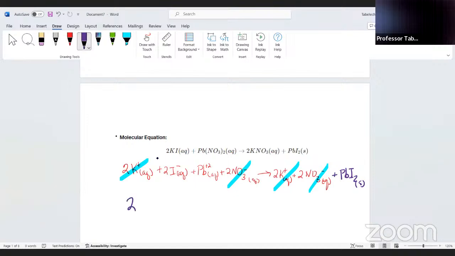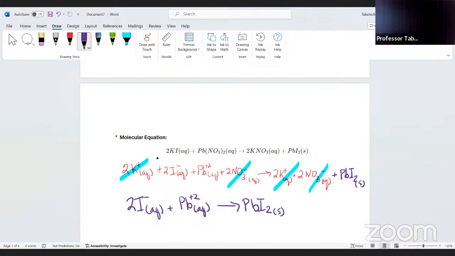So I'm going to write 2I with a negative charge, aq, plus Pb with the +2 charge, aq, and that produced the PbI2. Lead and iodine married each other to form lead(II) iodide.